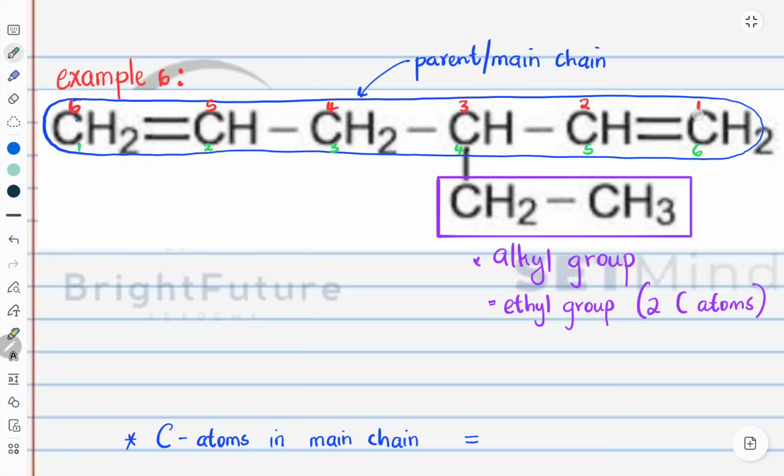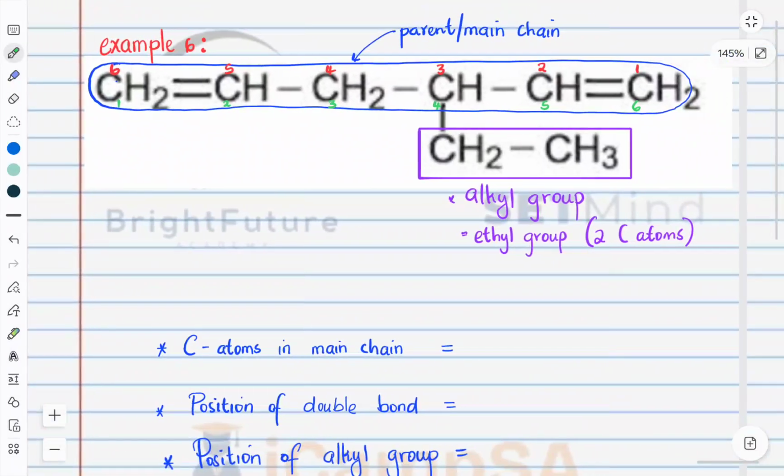And then if I number from right to left, the alkyl group is on number 3. Do you see it? So we'll use the one from right to left so that the alkyl group also gets a lower number. As soon as we are done prioritizing our double bonds, we can then check the alkyl groups. But our main priority has been served, so the alkyl group is the second priority now.